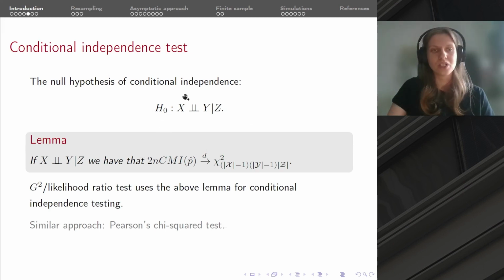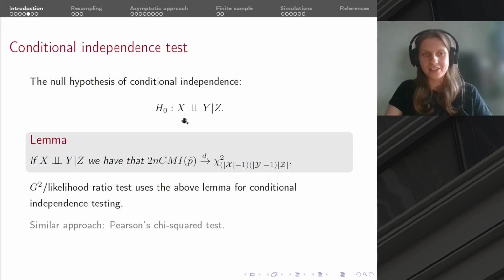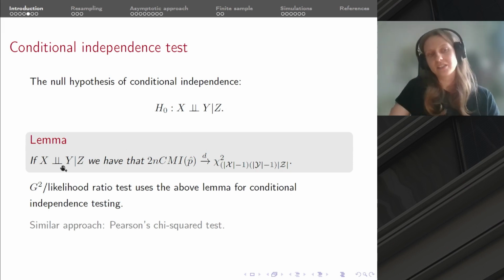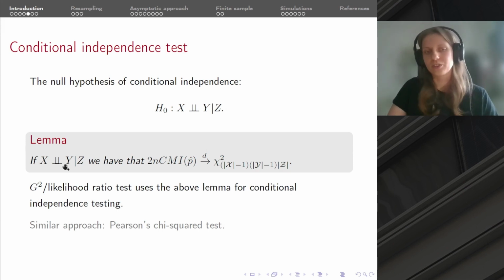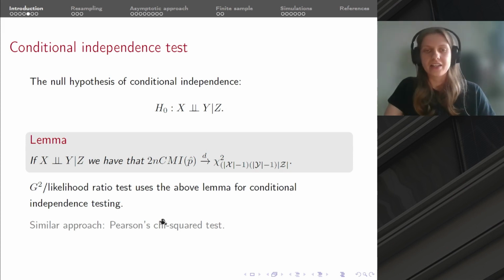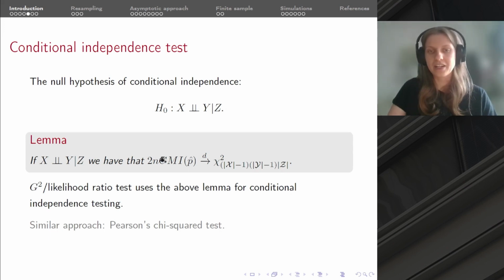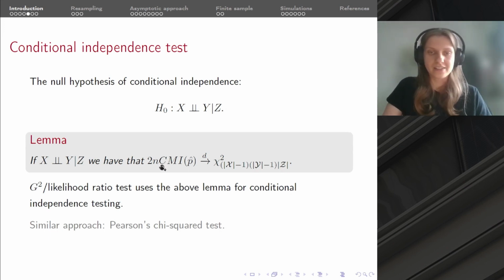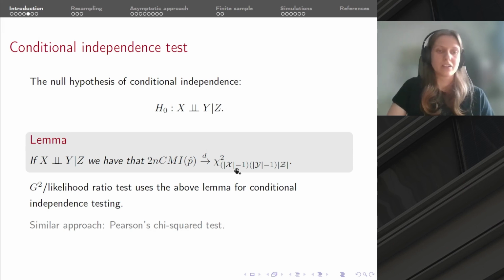So we have the null about conditional independence, and we have the lemma which states that if we have conditional independence, then we know the asymptotic distribution of that CMI statistic, and it is chi-square.